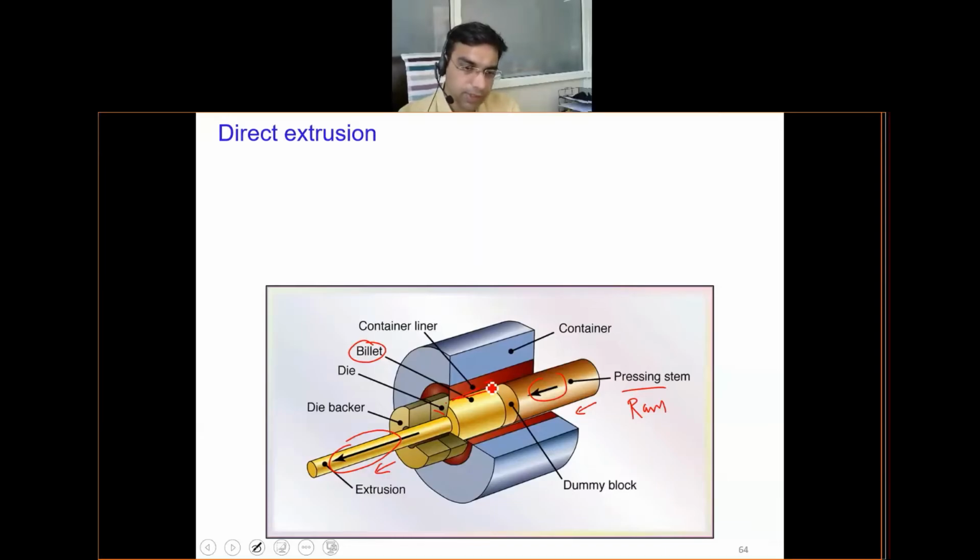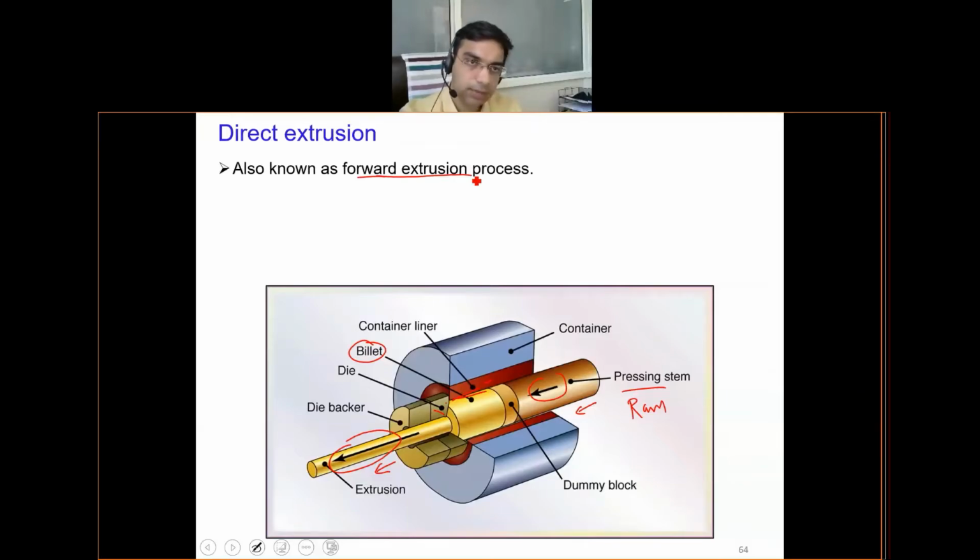The advantage of this process at the same time is that it is very simple to proceed with. Since the direction of the extruded product and the direction of movement of the ram is the same, this is also known as the forward extrusion process because the product moves in the forward direction.